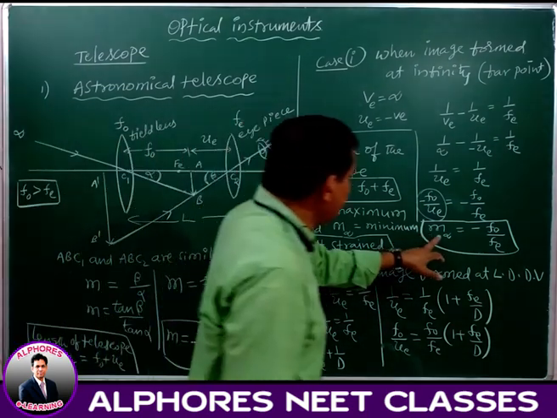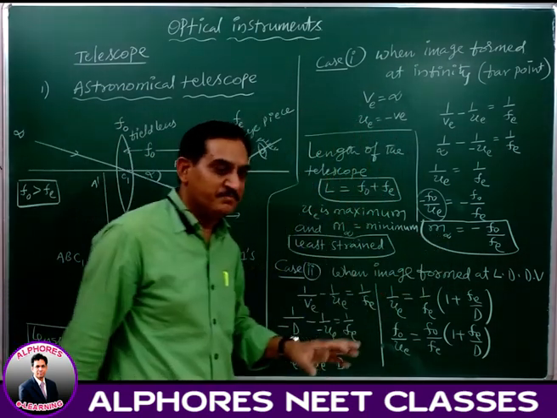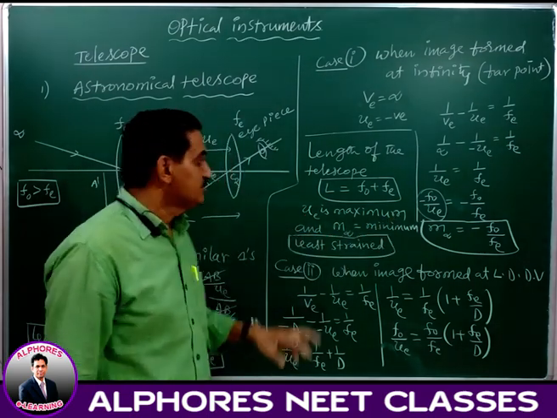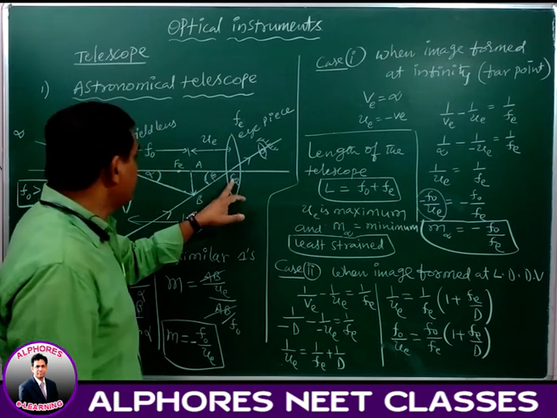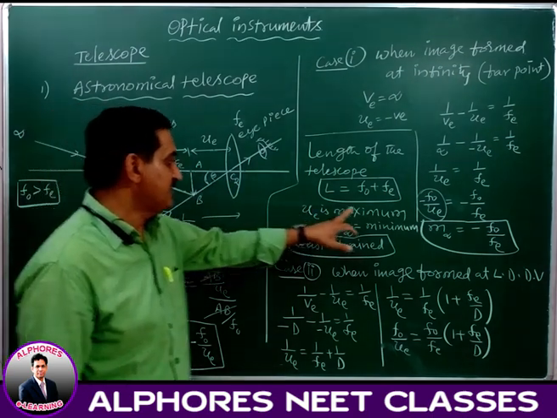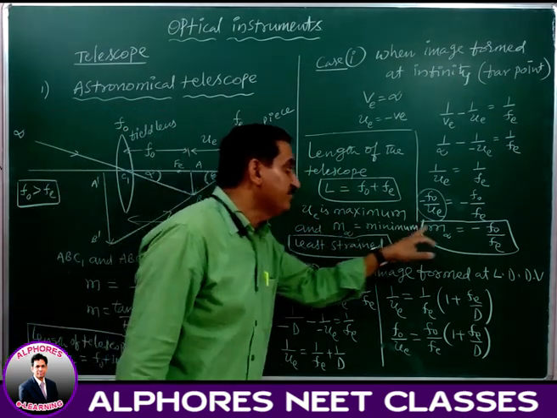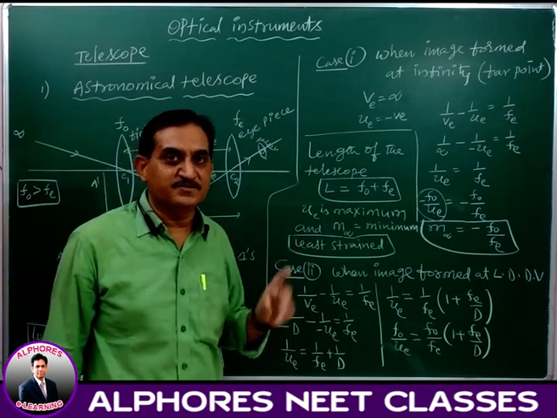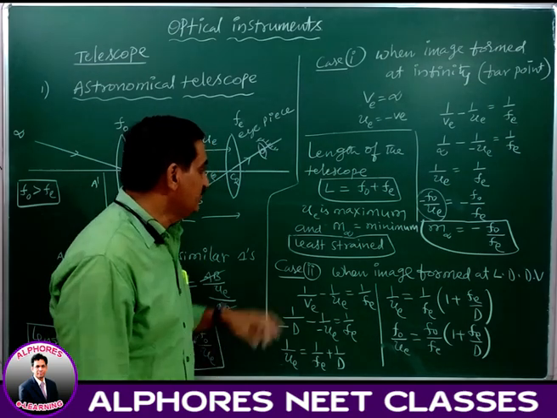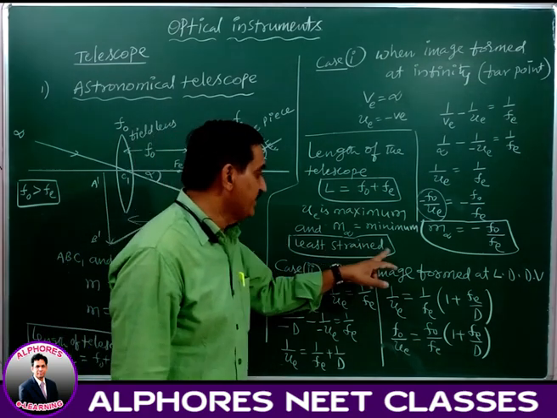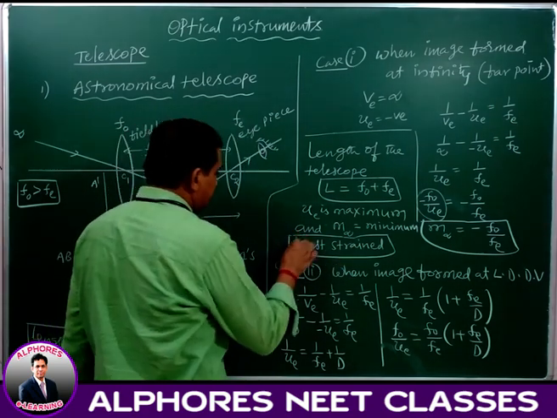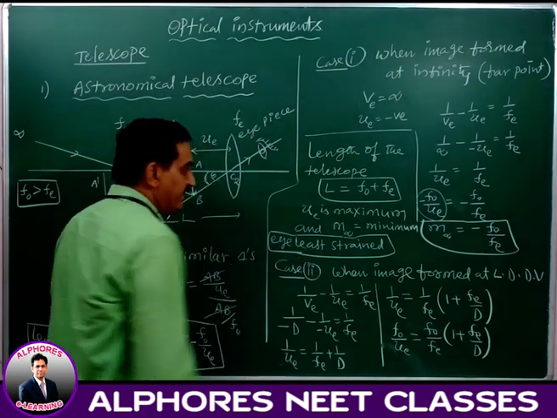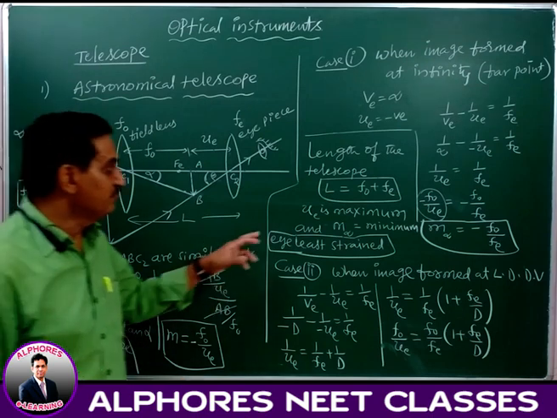Here this magnification is minimum because UE is maximum. The object distance from the eyepiece is maximum, so the magnification is minimum whenever the final image is formed at infinity. Therefore the eye is least strained in this case. The eye will be least strained when the image is formed at infinity.